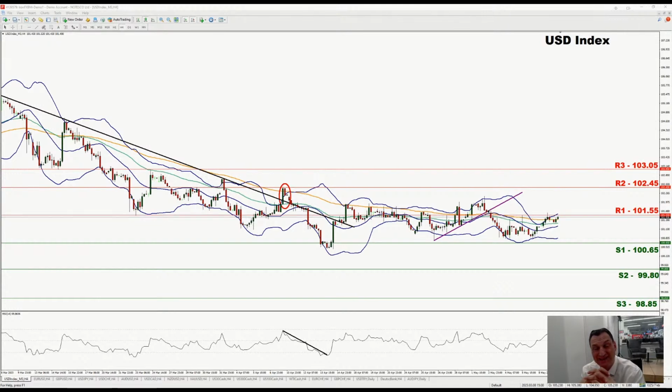And a possible acceleration of the CPI rates in the US for April could re-enhance the hawkishness of the Fed and actually force the Fed's hand to proceed with another rate hike. It was characteristic that we had a comment yesterday by New York Fed President Williams.